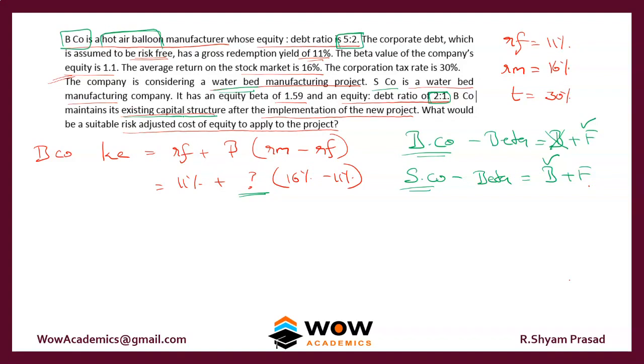So the business risk of SCO we want, but we do not want the finance risk. Ideally what we want is a new beta, a regeared beta that takes the business risk of SCO and finance risk of BCO put together.